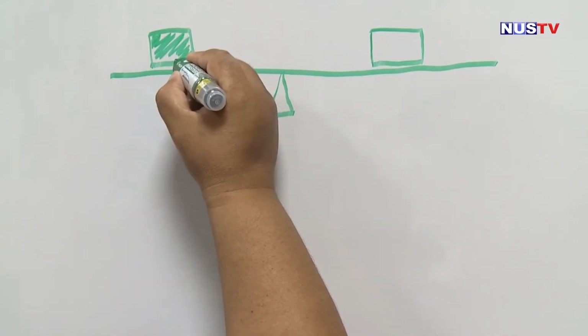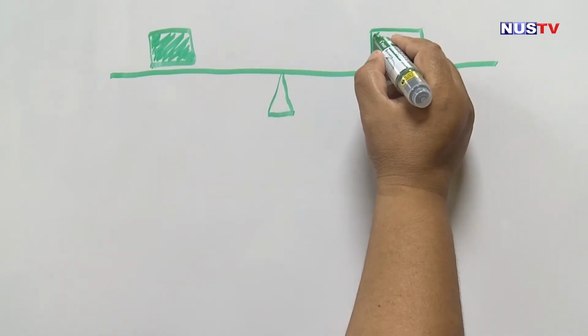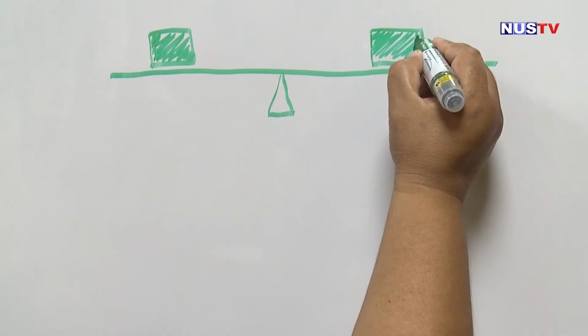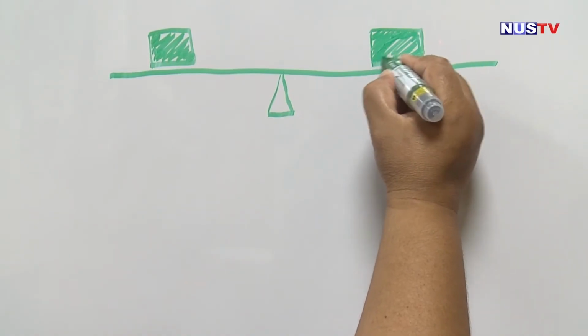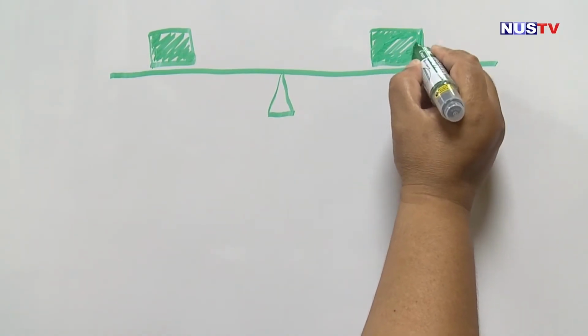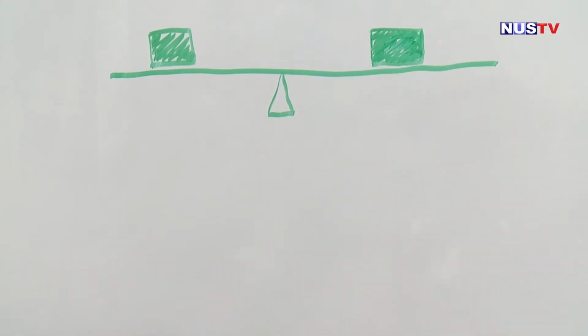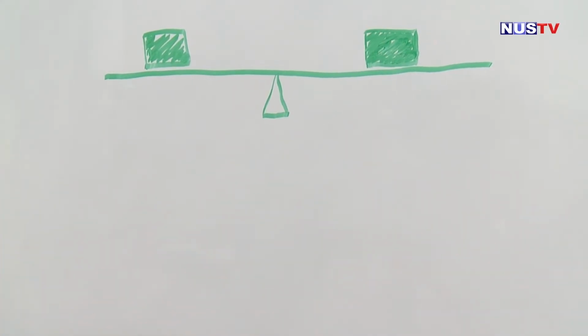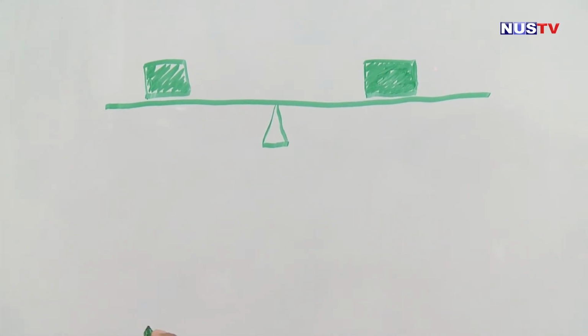Let's add some shading into it. So both sides are the same. Do you remember our form of balance that is used here? Let's transfer that balancer or that image into a drawing.